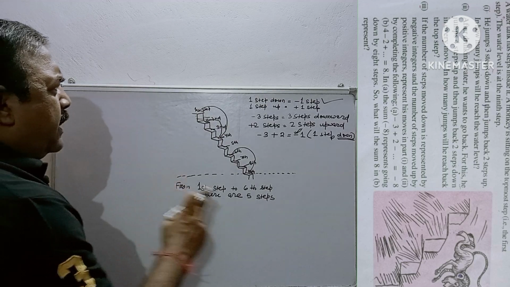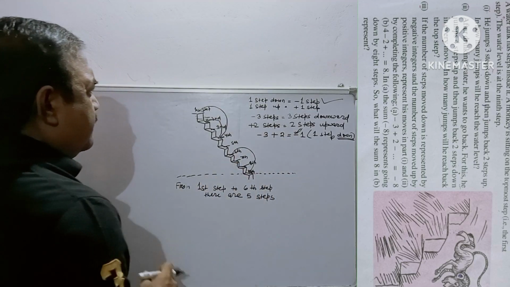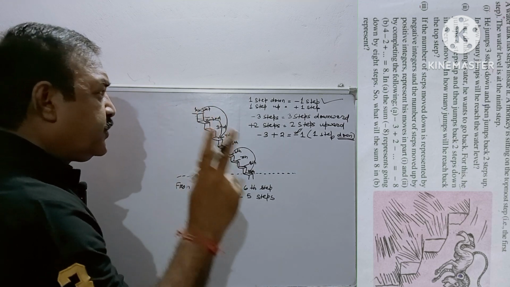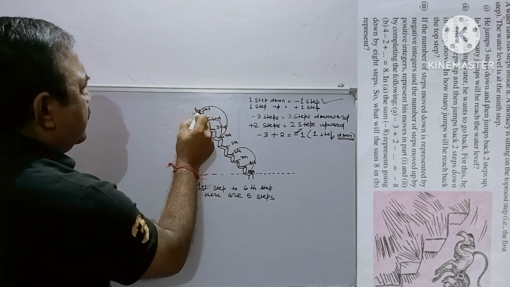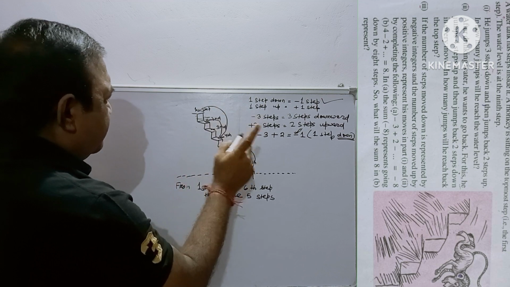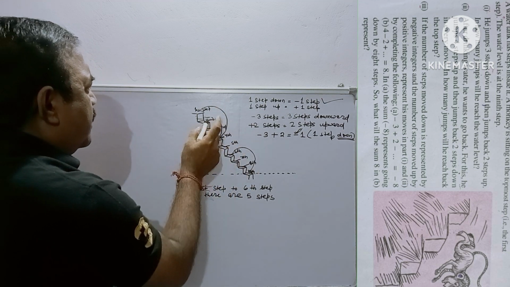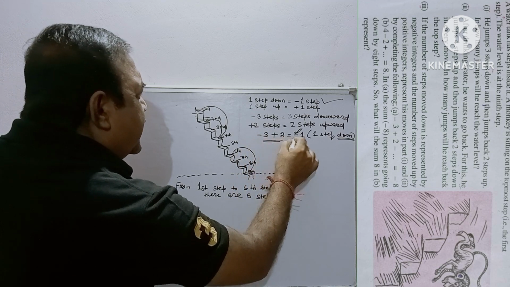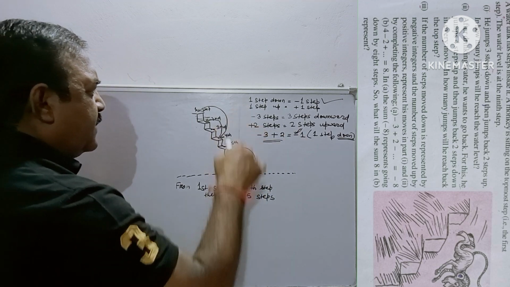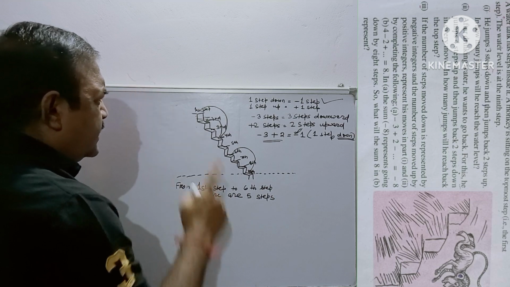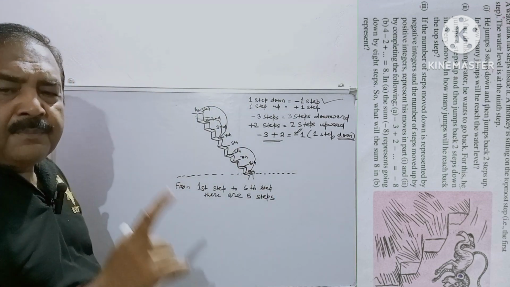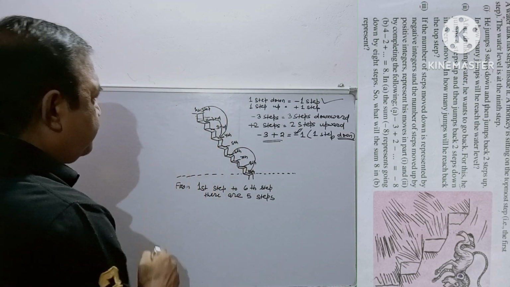And you see, for one step downward, the number of jumps is 2 because 3 steps down, 1 jump, then 2 steps up, 1 jump. So the resultant step is -1. That means 1 step down, and for that 1 step down or for that -1 step, the number of jumps is 2.